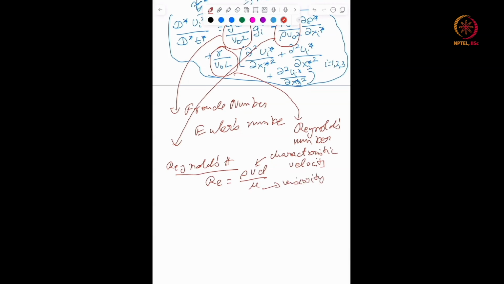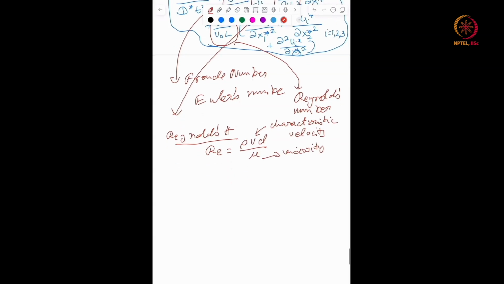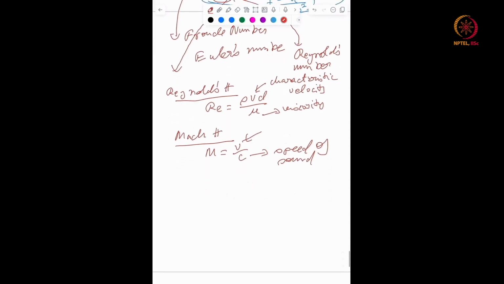In case you guys are not aware of this. Then, of course, the other non-dimensional term will be the Mach number. So the Mach number is basically M equal to v by c, where c is the speed of sound, and v, what you see over here, is actually the fluid velocity. So it is the ratio of the inertia versus the elastic forces.